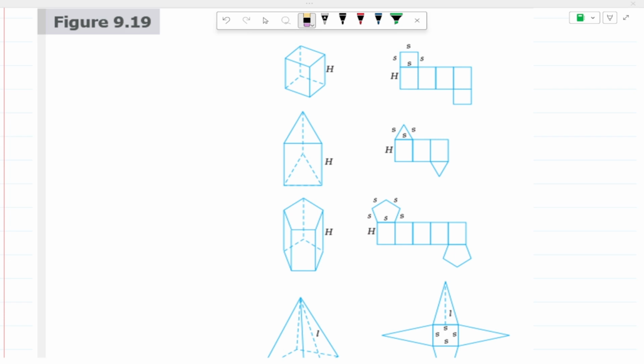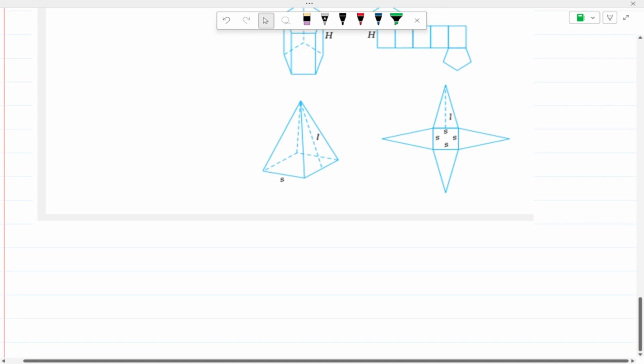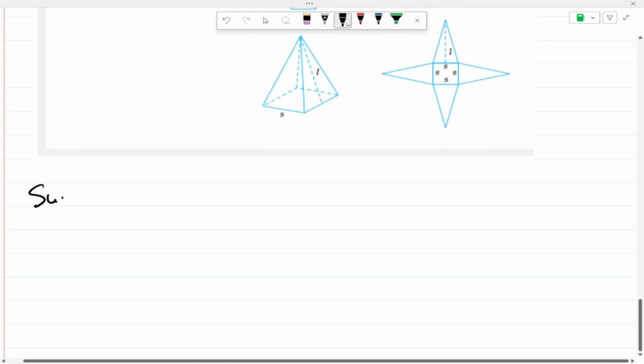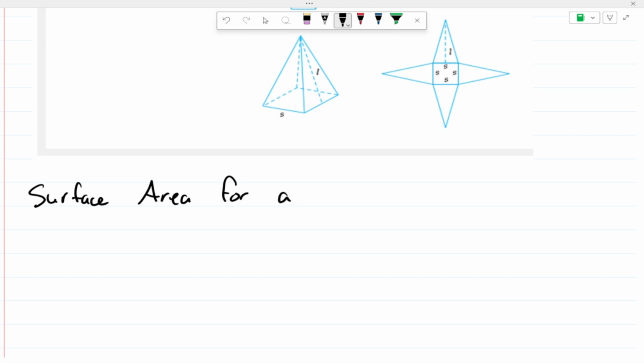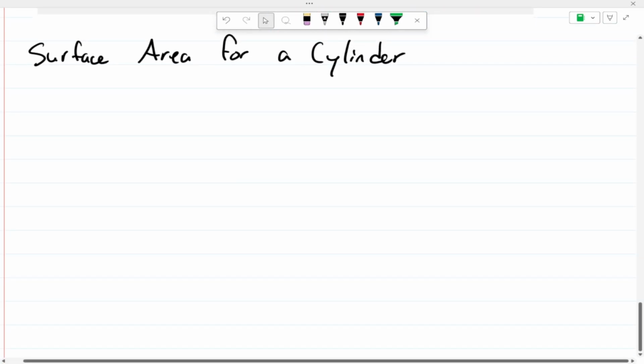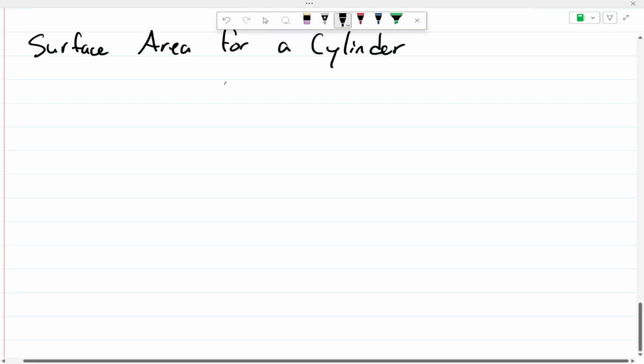Now, the one shape that is very easy to understand once you see it is the surface area for a cylinder. So here's my best drawing of a cylinder.